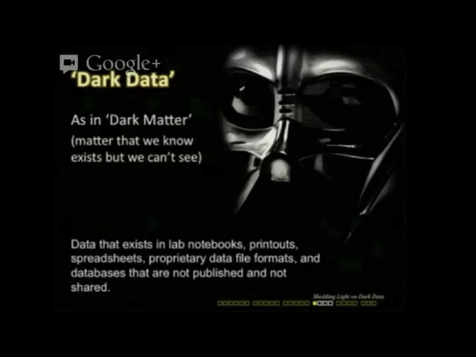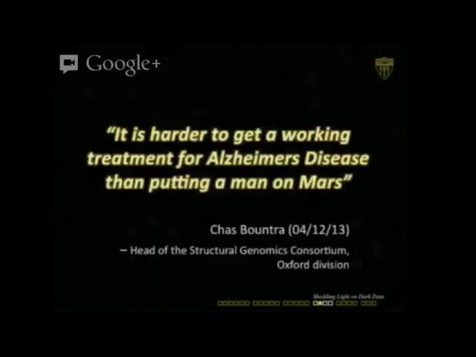Last month, I went to a meeting in Oxford where people were talking about scientific integrity and scientific rigor and the whole process of data sharing. And this guy, Chas Bountra, stood up and talked for about 15 minutes without any slides at all. And he gave this wonderful impassioned speech about how destructive the process of concealing data from each other is within the pharmaceutical industry.